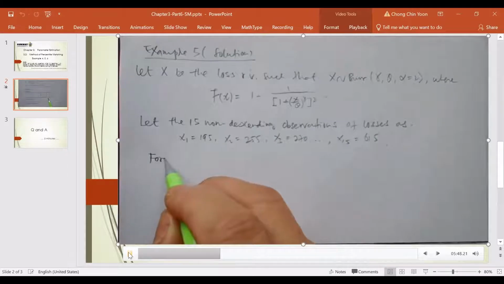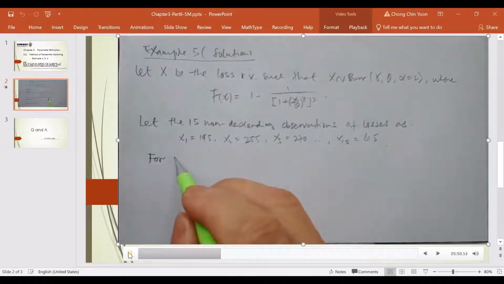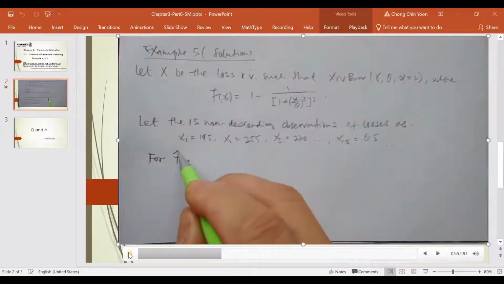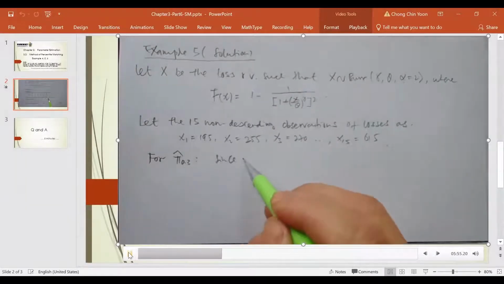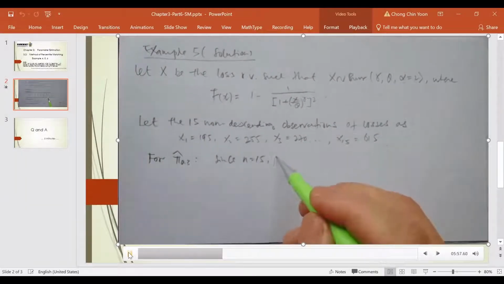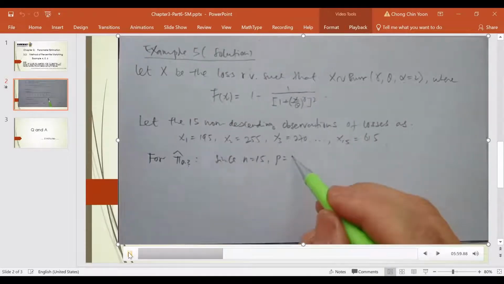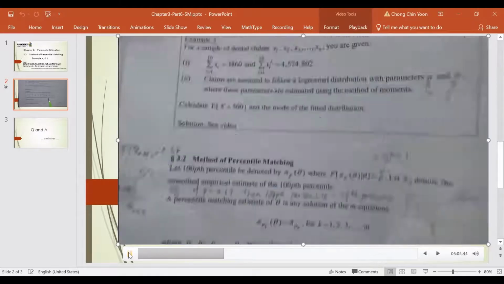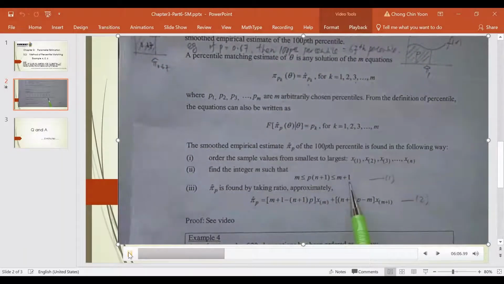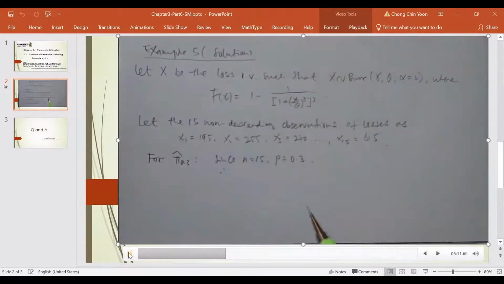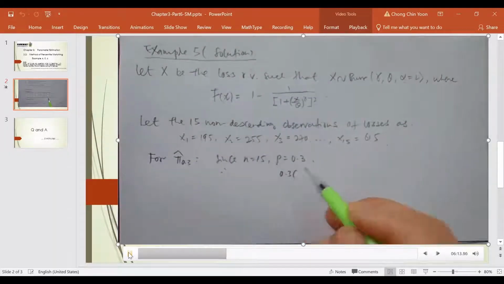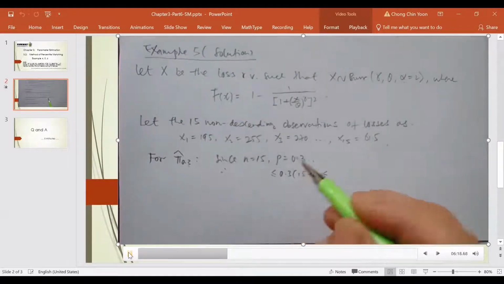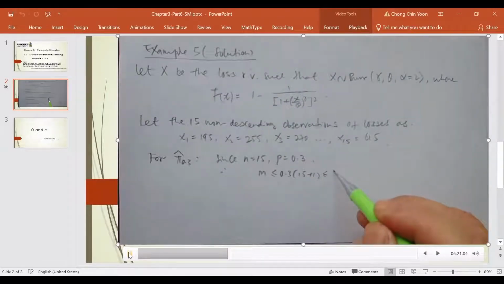Let's look at the estimate of the 30th percentile. Now, since the sample size is 15 and this probability is 0.3, from this inequality we have to find the value of this integer m. That is the probability multiply the n plus 1, which is bounded between m and m plus 1.